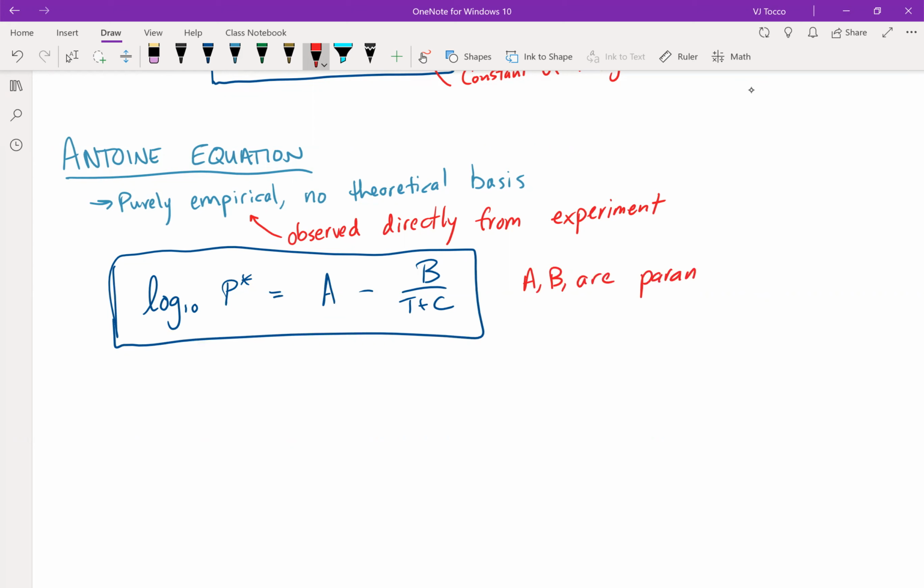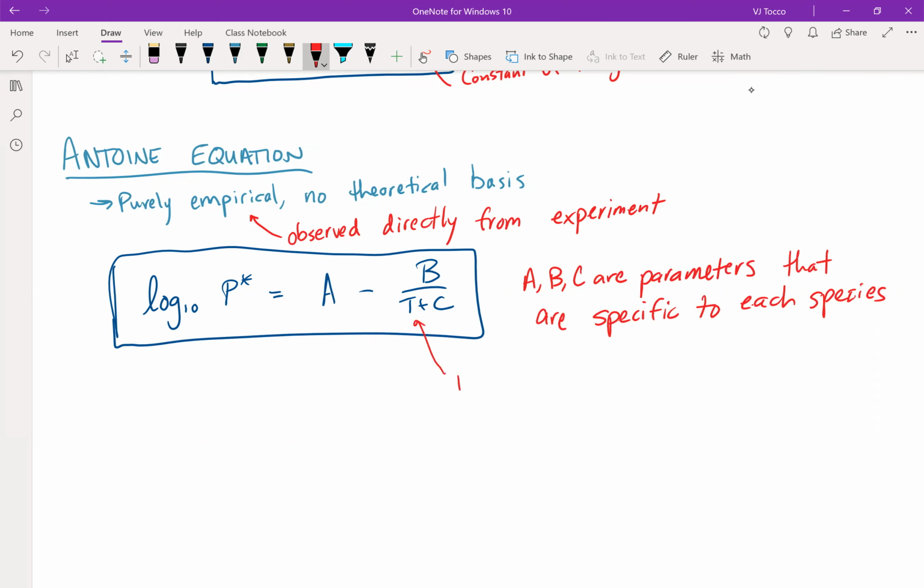So these are the fit parameters from experiment. A, B, and C are parameters that are specific to each species. And once again, they are derived from experiment.